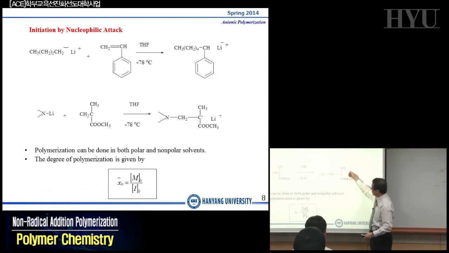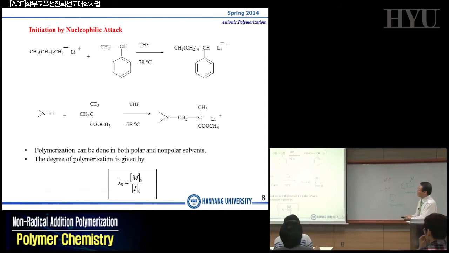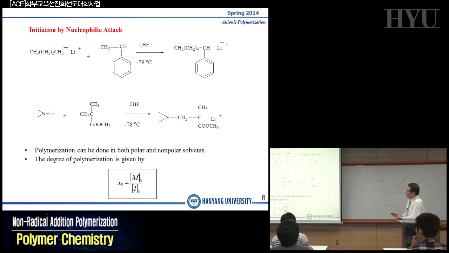So it's a little more complicated in this case. Anyway, this polymerization can be done in THF solvents and can also be done in non-polar solvents.